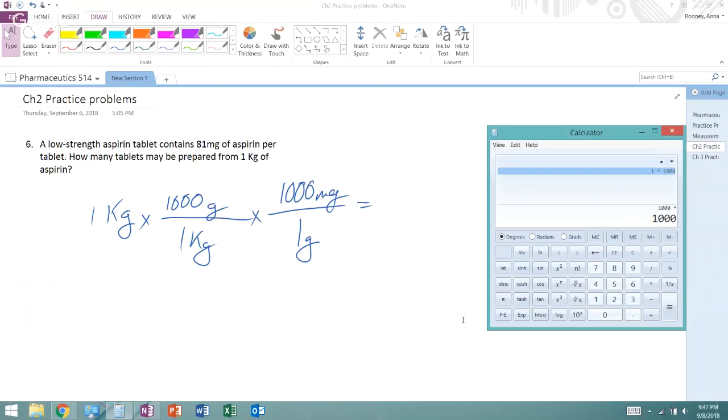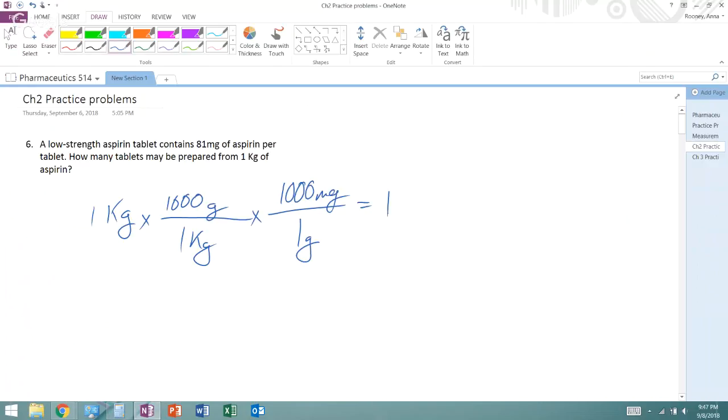That's our grams, and then boom, million milligrams, which is where it comes from. All right. So that's how many milligrams. And so you've canceled out this stuff.